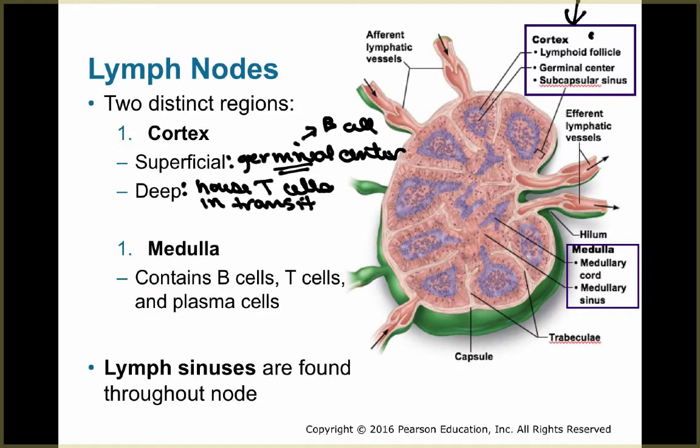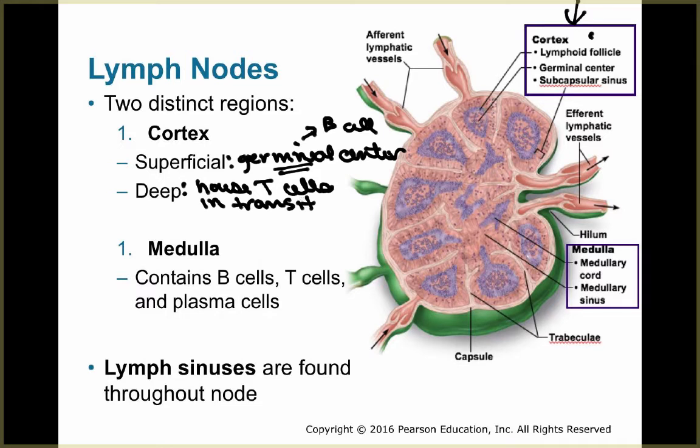You can see here, the germinal centers are basically in this area right here. The lymph node follicle is around the outside, and this area towards the very outside is the subcapsular sinus area right here. And then the farther that you get into that area, you're going to have the area where the T cells are in transit.